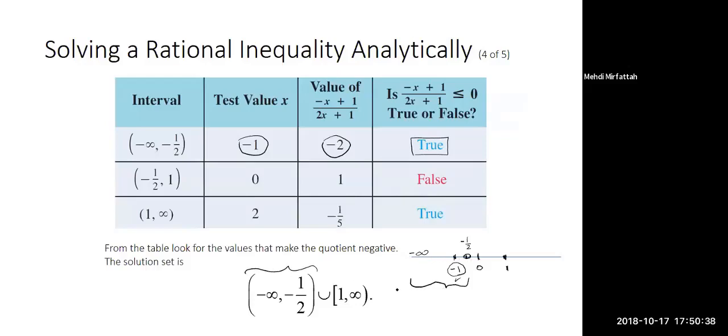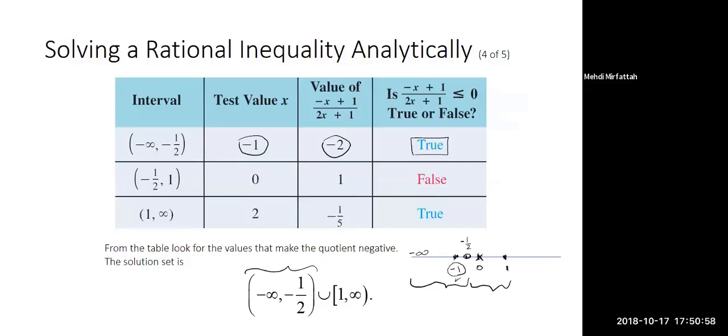You keep on doing this for each region. We want to test whether the solution exists from minus 1/2 to 1, which is this region right here. You pick a point. The easy point to pick would be 0.